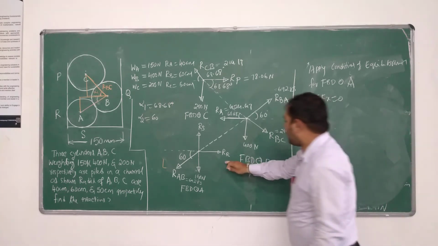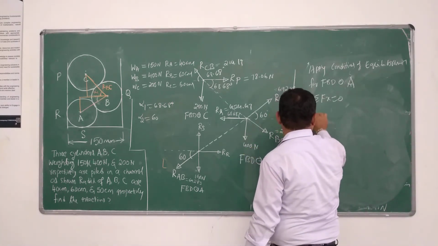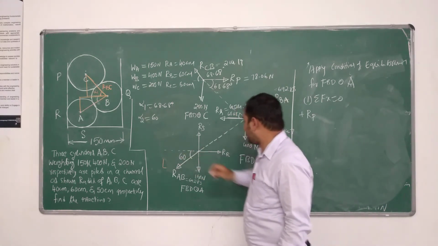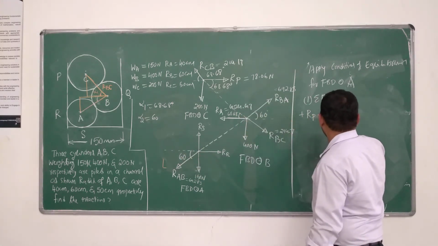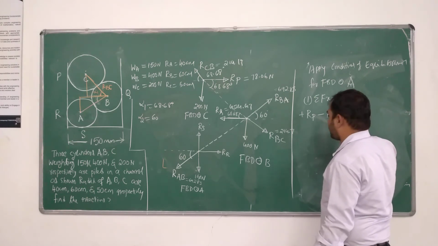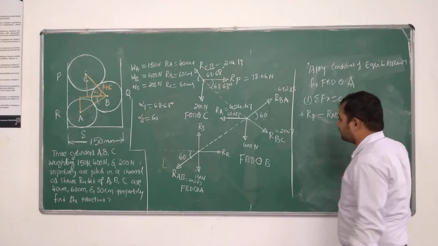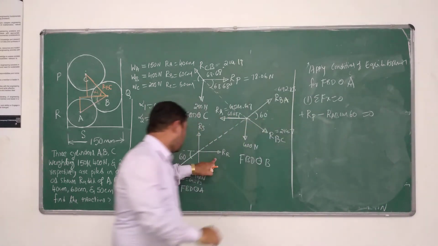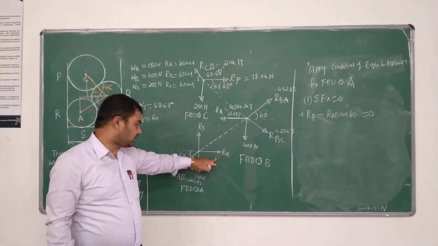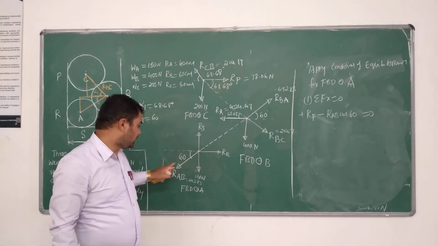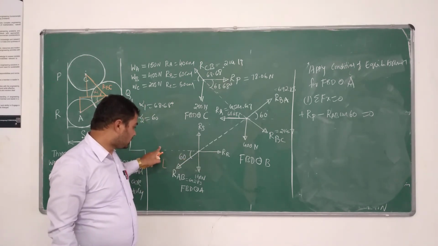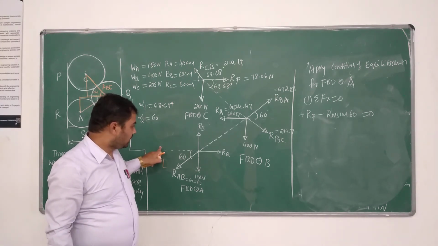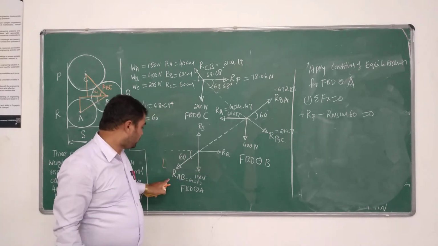Here I take RR, which is positive because it is acting from left to right. Next, minus RAB cos 60 is equal to 0. There are no other horizontal forces acting in the x direction. We don't know the value of RR, but we know the value of RAB.